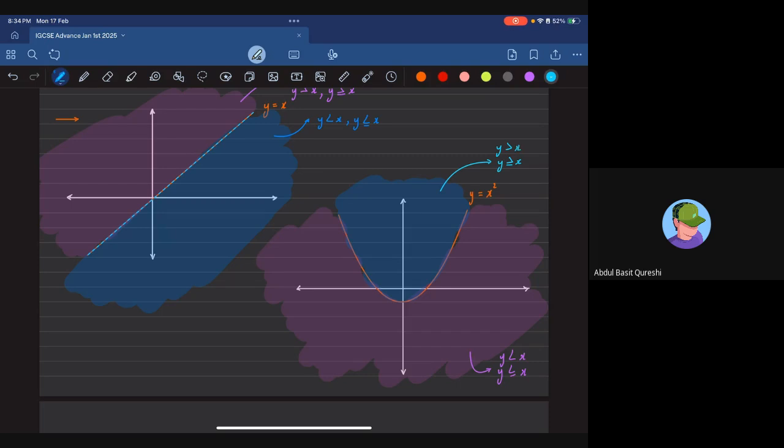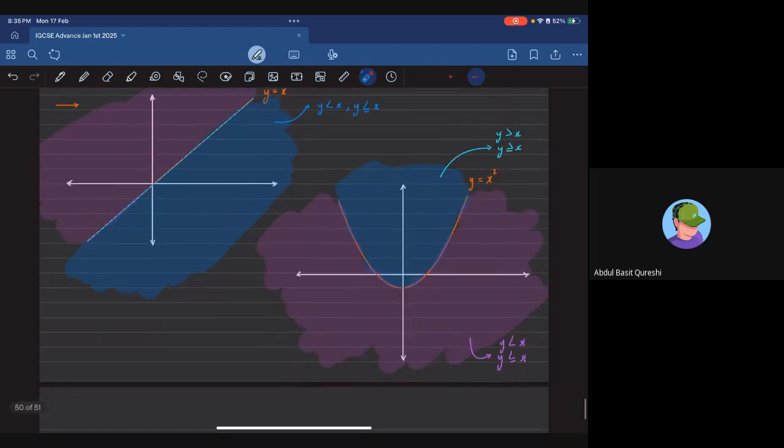Clear? Is there anyone who has any issues with this? So whenever it is below the graph, less than, above the graph, greater than. Clear?